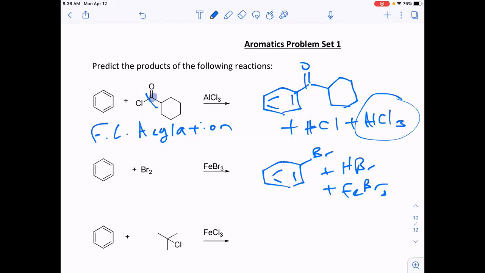Is that ortho-para or meta-directed? Meta. It's meta-directed. So anything I added to that ring would have to come in at the meta position. So any further reaction on the product is going to be determined by the substituent that's on the ring.